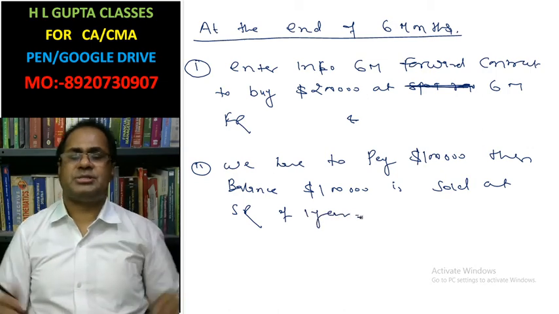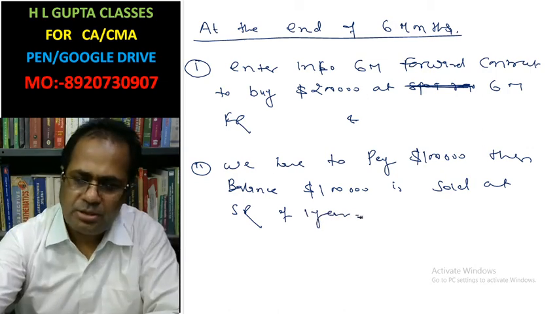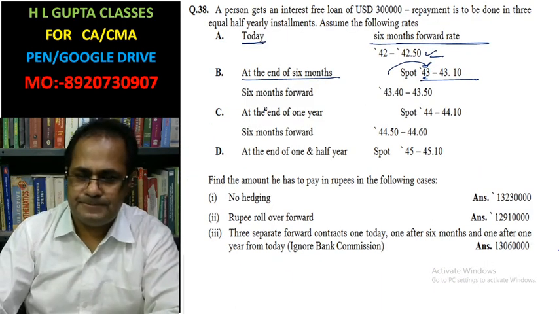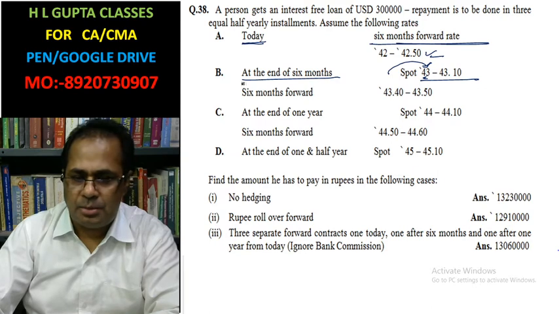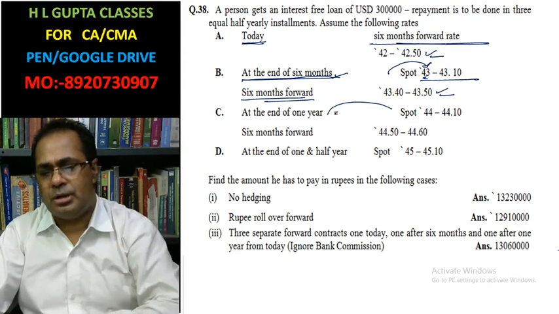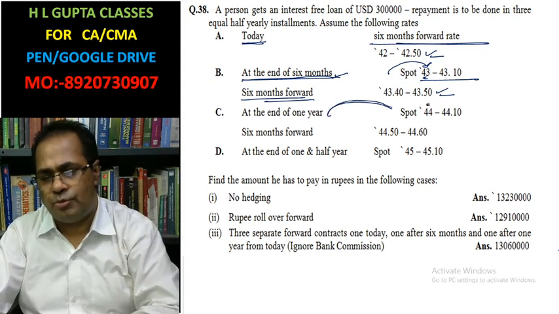After 1 year, what is the spot rate? Then what is the forward rate you have? Please try to understand. In this case, at the end of 6 month, the 6 month forward rate is 43.50. The 1 year spot rate at the end of 6 month, the next 6 month, 1 year, is 44.